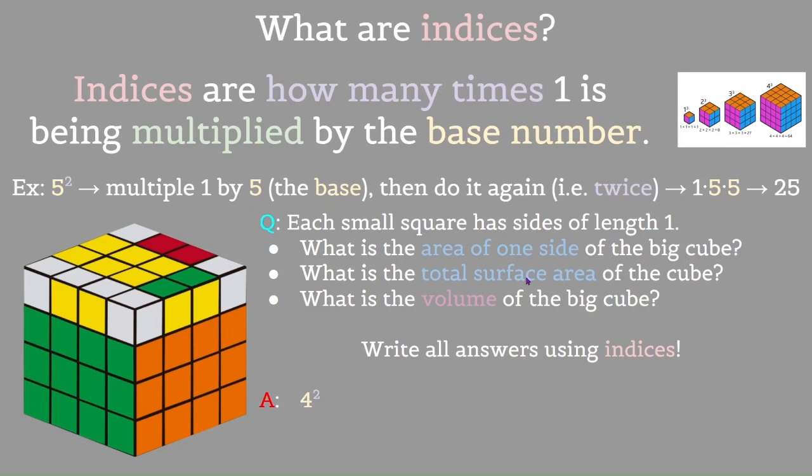To get the total surface area, we would do the surface area of one side times the amount of sides that we have, and that is 6. So our answer would be 6 times 4 to the power of 2. This is the total surface area: 6 sides, each side is equal to this. That's how you get total surface area.